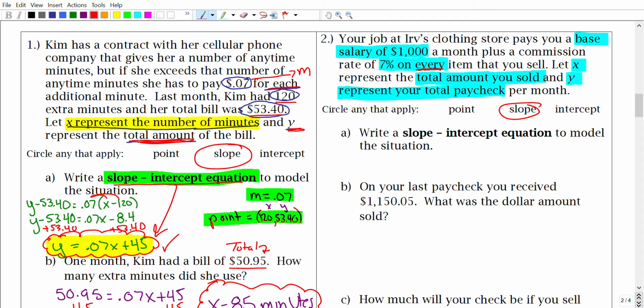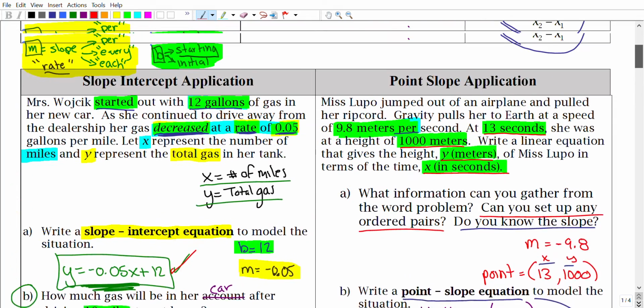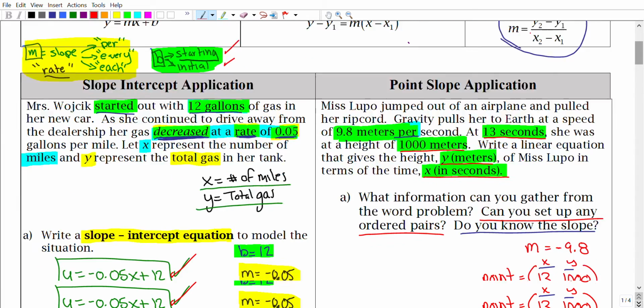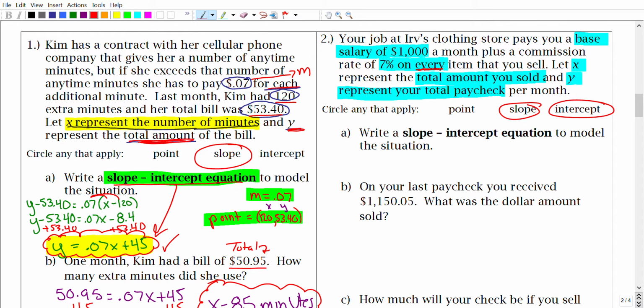So we definitely have a slope here. And also, we have a base salary, so like a starting initial salary of $1,000, okay? And what did we say is a keyword, or initial or starting represents what? Well, if we go back up here, starting and initial represents our B, which is our y-intercept, okay? So it represents our y-intercept.